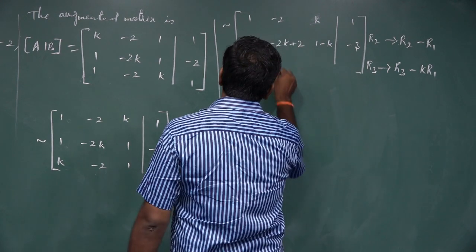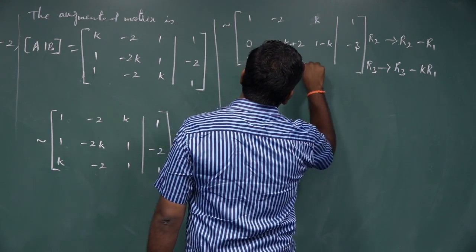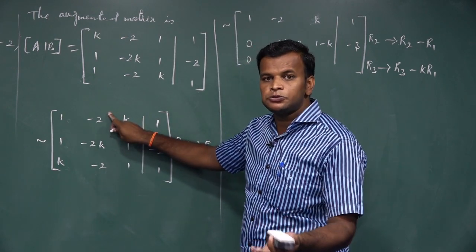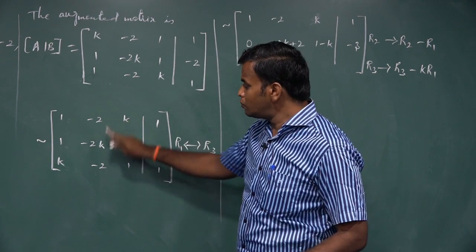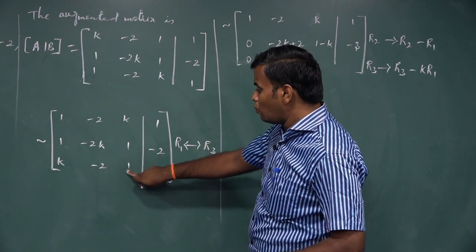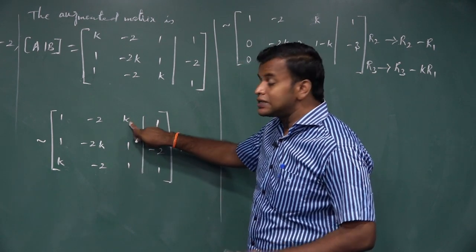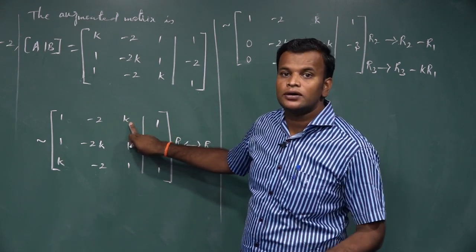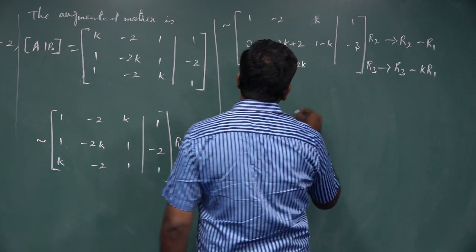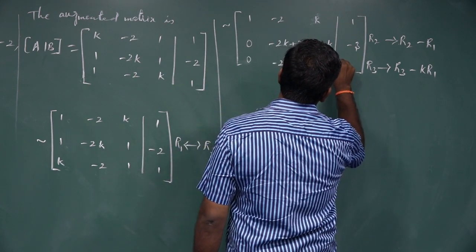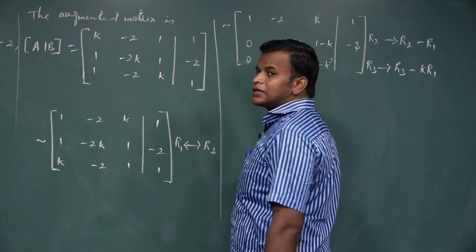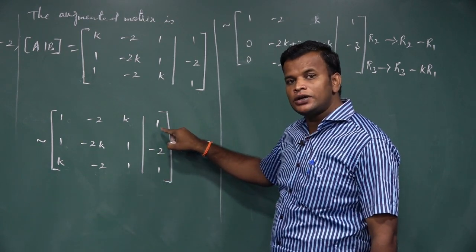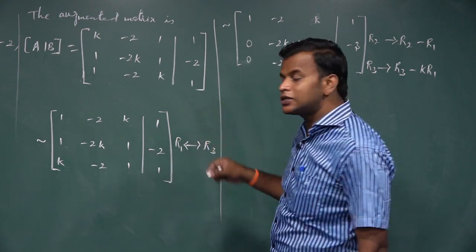So minus 2 plus 2k. Next, 1 minus k into k. k into k is k squared. So 1 minus k squared. And that element: 1 minus k into 1 is minus k. So 1 minus k.